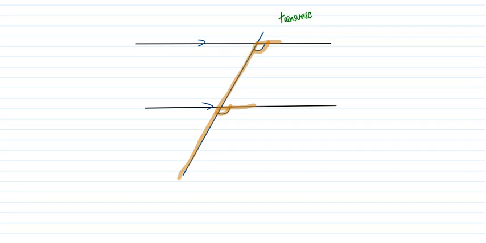We're going to say those are corresponding angles. This is used for us to identify the different types of angles that we have. So here and there, these are corresponding angles.